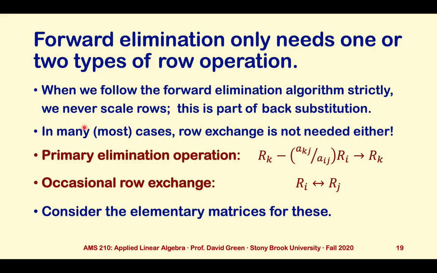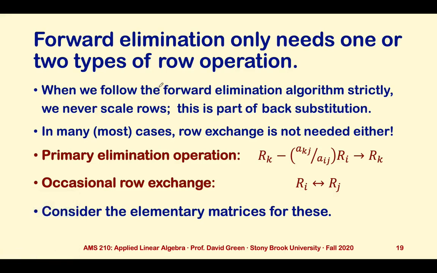Right? What this leaves us with is one primary elimination operation that we repeat over and over again as the primary driver of forward elimination. And this is an elimination step where we take the row K and we subtract a multiple of row I from it, where I is always above this entry.